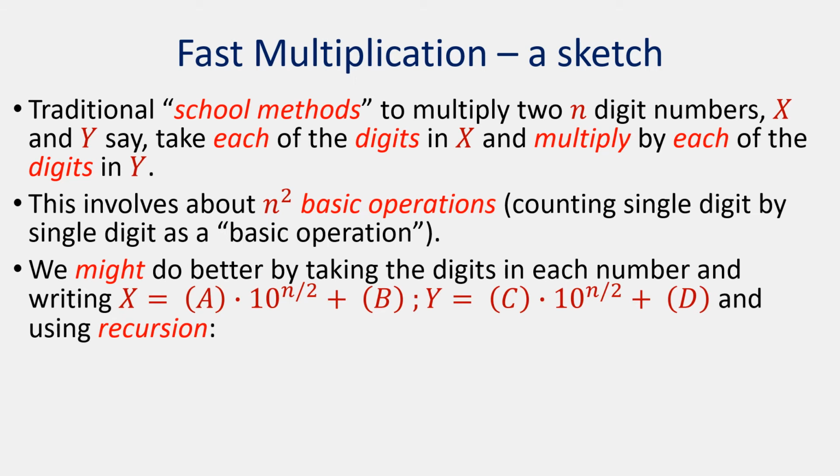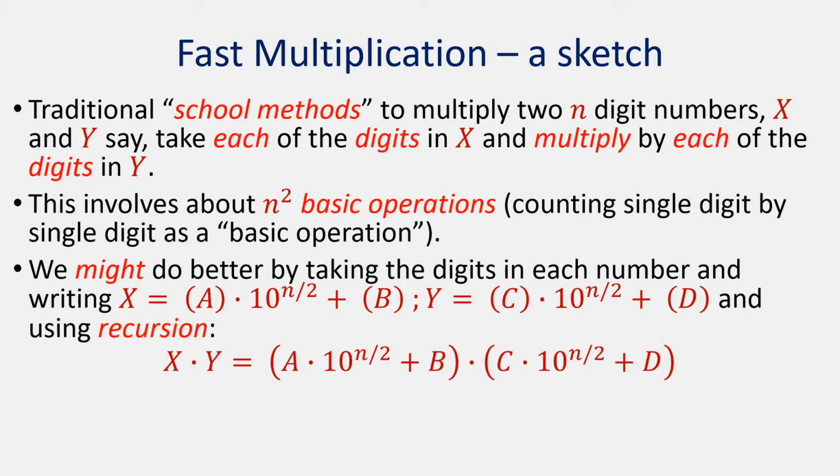Now, I imagine at this stage you've already met the notion of recursive algorithms in Professor Wong's course. So maybe we can do better by trying to find a recursive algorithm. Perhaps we can take our numbers and divide them into the most significant part and the least significant part of one number, and the most significant section and the least significant section of the other number.